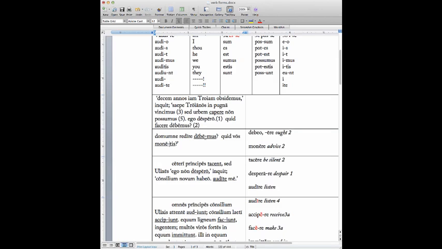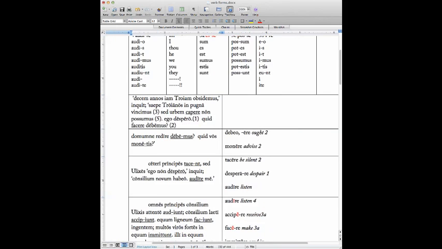So it's just a matter of combining the verb ending, the morpheme that means we, mus, with what debe means. So debe can mean ought, so mus means we, so we ought. Mone means advise. Tis is you, that is you, plural. You advise. Tacent, nt means they.